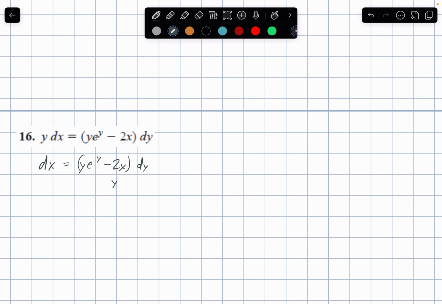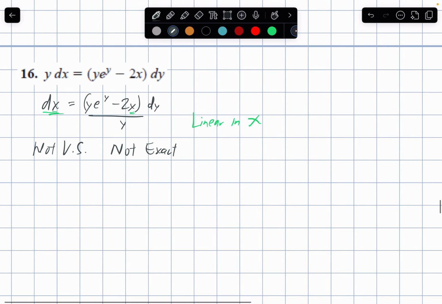First things first, this is not variable separable. This is also not exact. And yes, linear in x. Okay, just keep practicing.